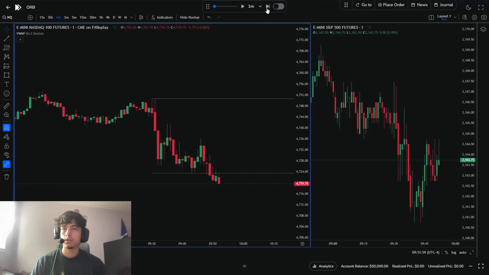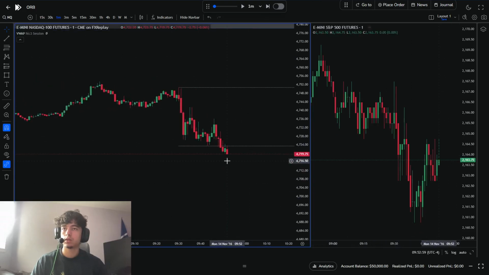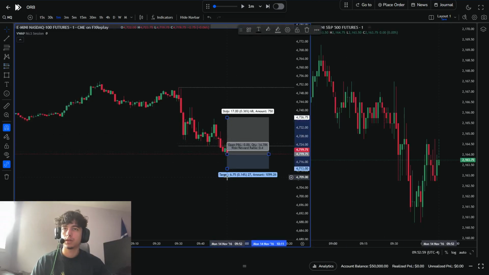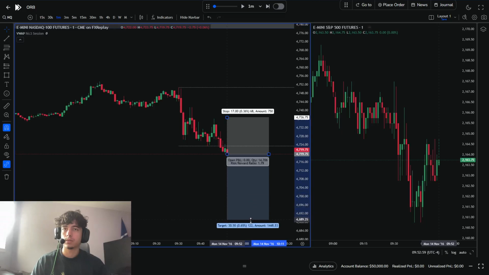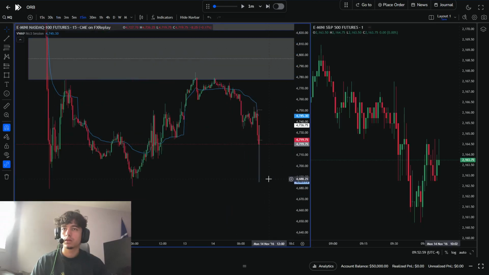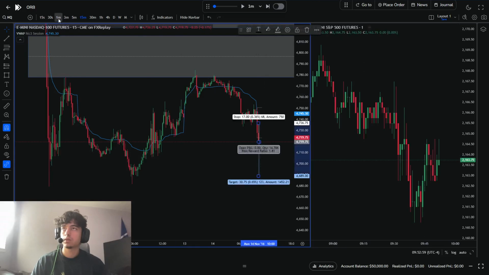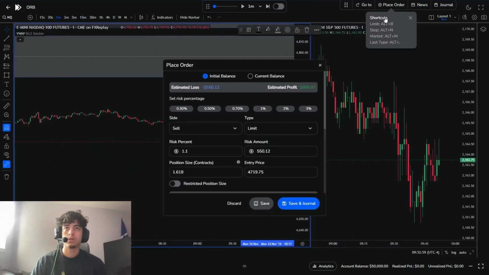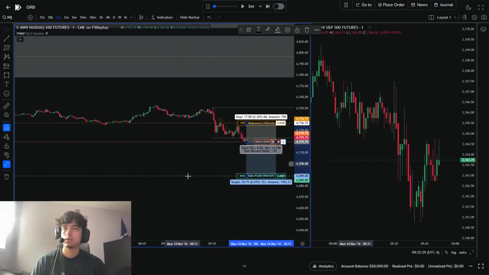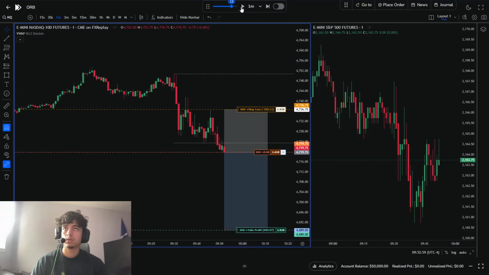Wick back up, close again, so we are gonna take a short. Stops above these highs, and then I'm just gonna target 1 to 2. This lines up with these lows, so I'll just go right there. Place order, market sell. Let's play it out.